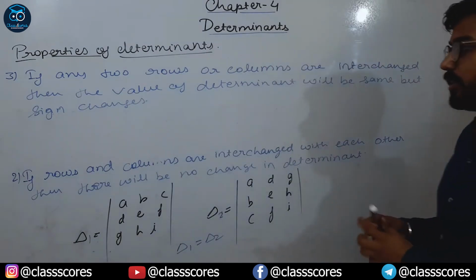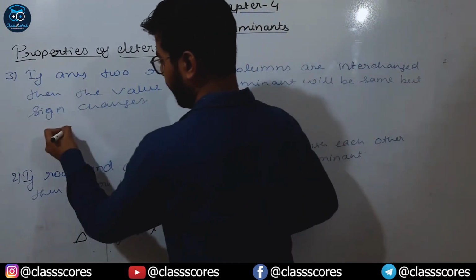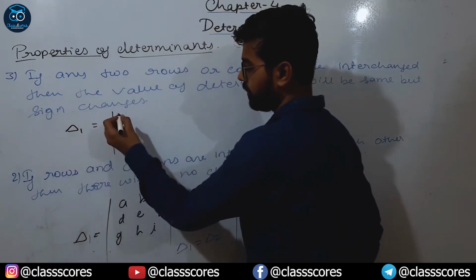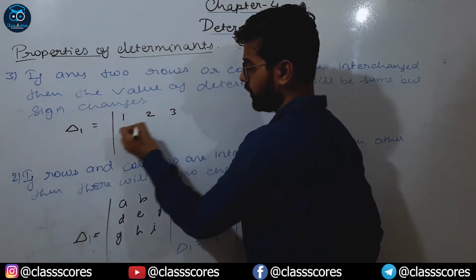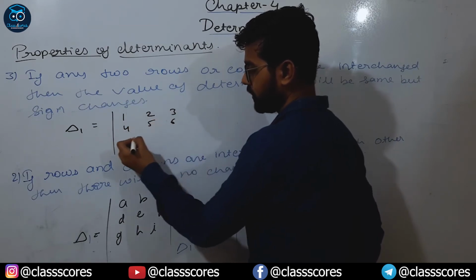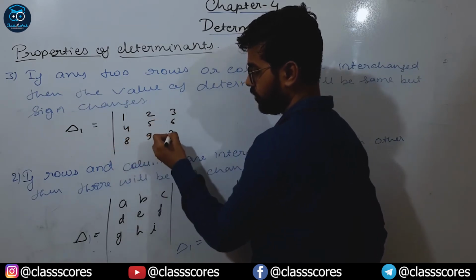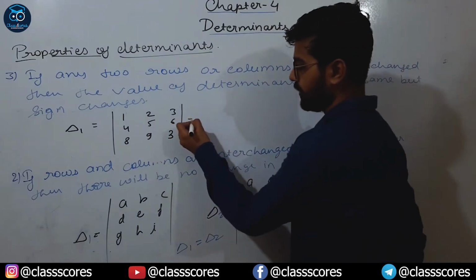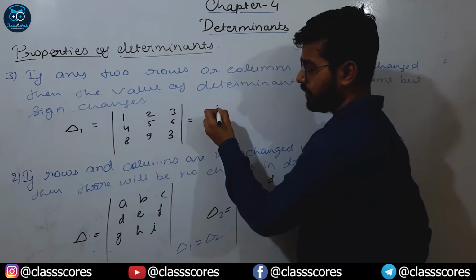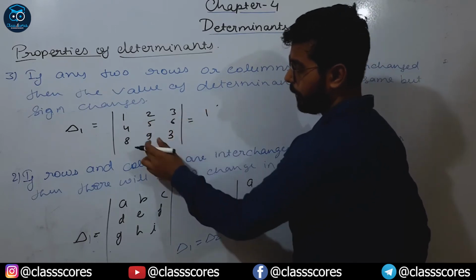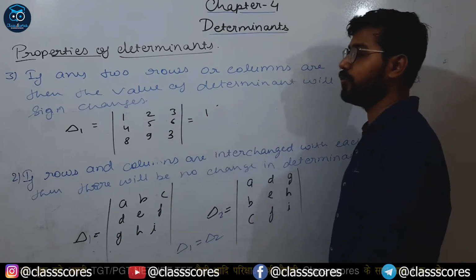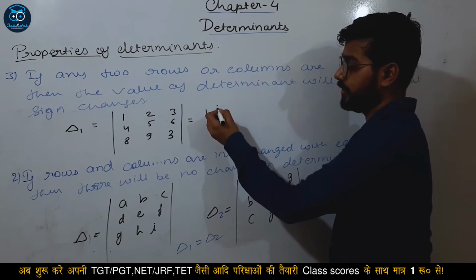Let's take an example. This time we are taking an example in terms of numbers. Suppose a determinant is given: 1, 2, 3, 4, 5, 6, 8, 9, 3. Okay, if we solve this determinant, what do we get? 1 times (5 times 3 is 15 minus 9 times 6 is 54), 15 minus 54, that is minus 39.